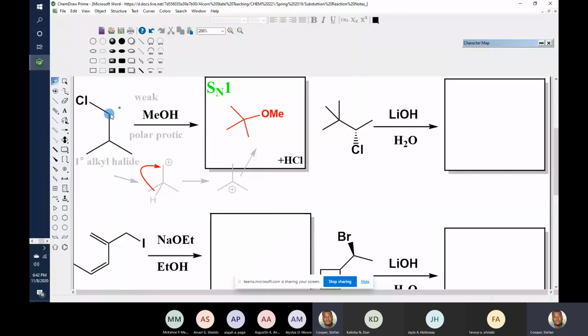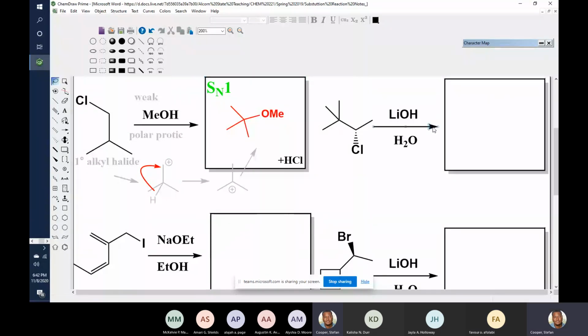A primary carbocation will not form. This primary carbocation did form because there was a potential rearrangement set up for it. But if there was no rearrangement set up here, this would be a failed reaction. No solvolysis could happen with a normal primary alkyl halide. But typically, all reactions with just a solvent are going to be SN1 type. Did that answer? Yes, it did. Okay.